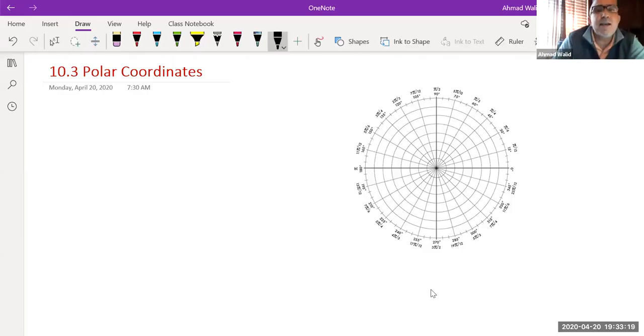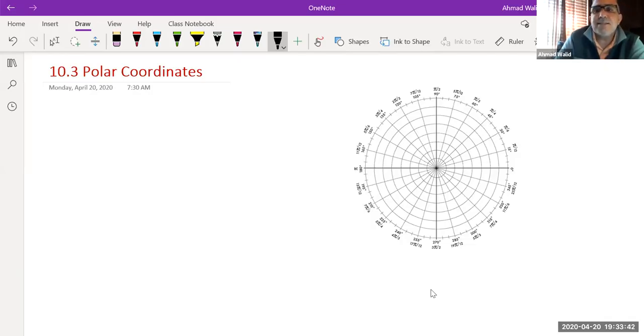But anyway, I will start from the beginning, because in your book we do a quick review on polar, then we go and discuss the calculus of polar coordinates. Let's start with polar coordinates. What is polar coordinates?